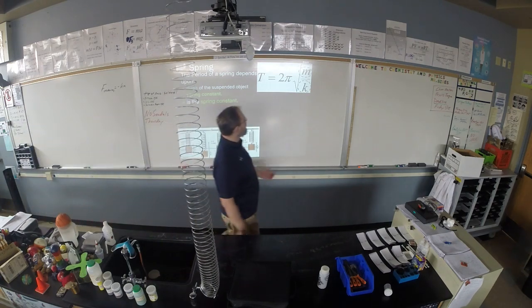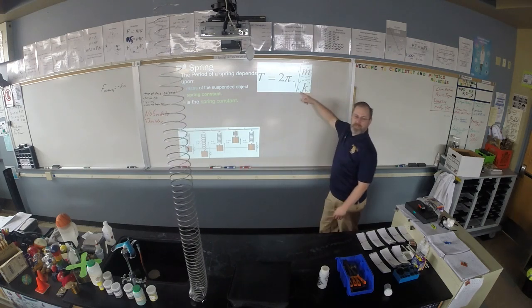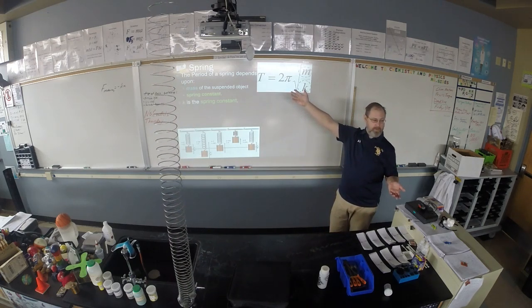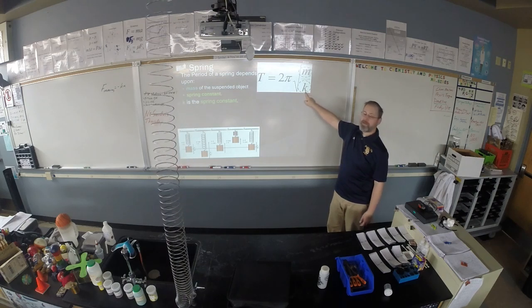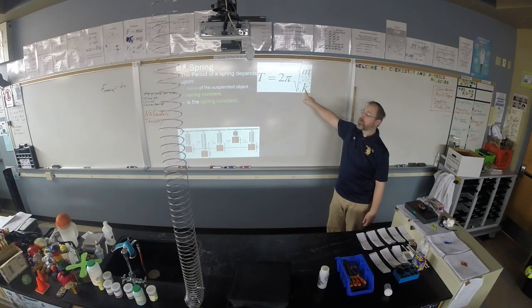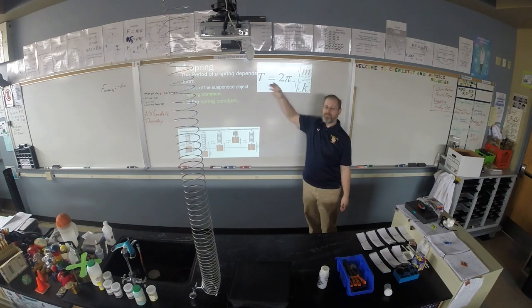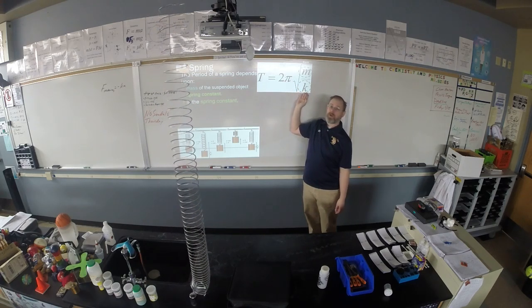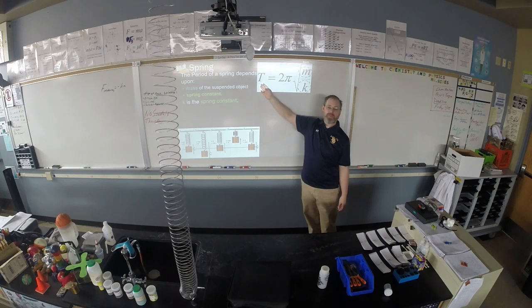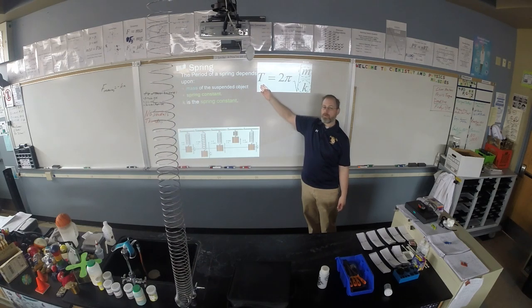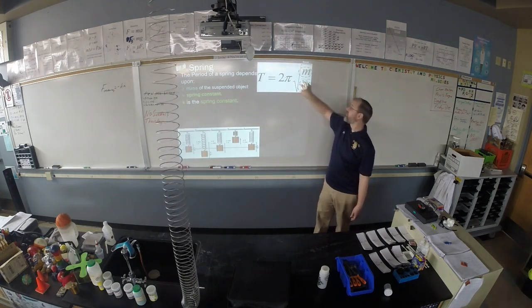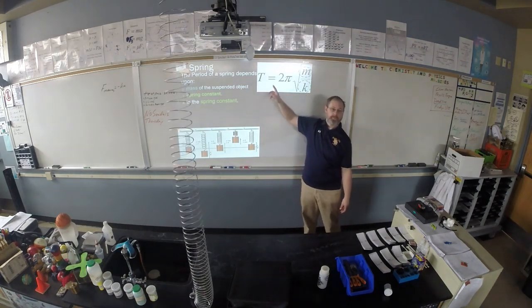So it should make sense that spring constant is in the formula. A really stiff spring, a very high coefficient spring, would produce a period that is very small. Big denominator means a small number.